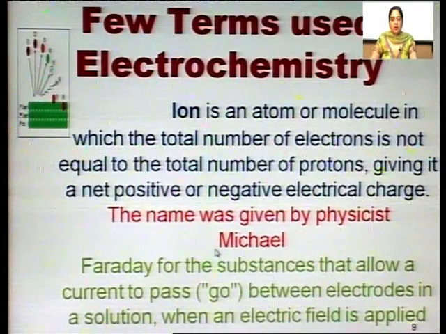The name was given by Michael Faraday for the substances that allow a current to pass between electrodes in a solution when an electric field is applied.